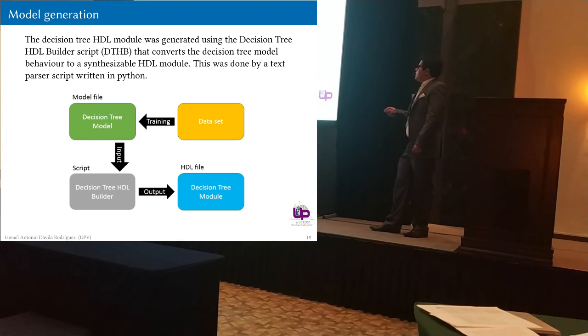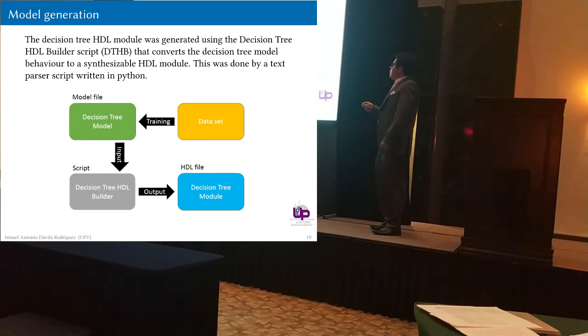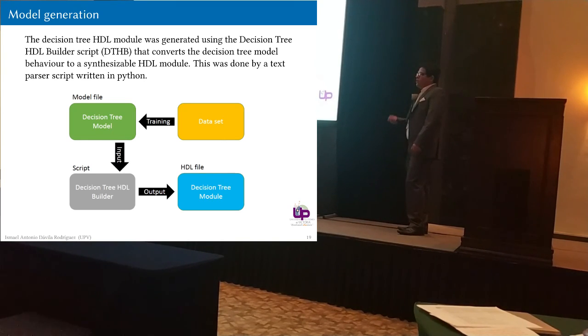The output of Weka is only a text file, and this text file is the input of the script. The script will analyze the text to make a decision tree in hardware. So the output will be a decision tree model that is written in VHDL.